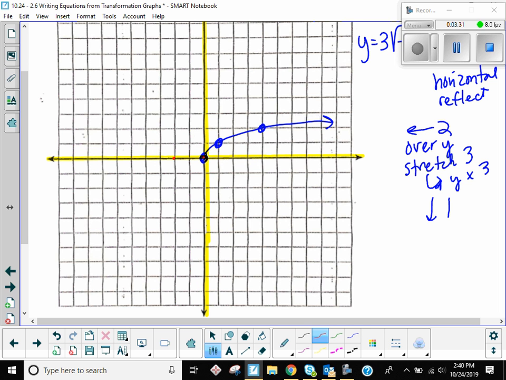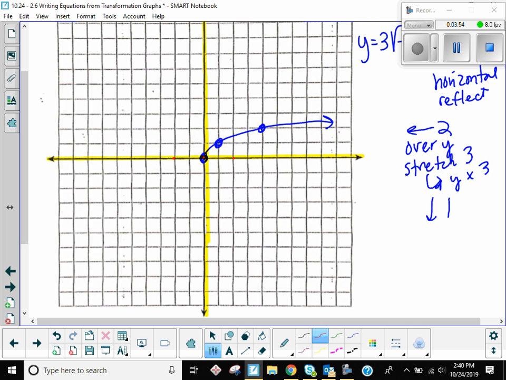Now reflecting over y means this is like a mirror, and when you reflect over it, it has to be symmetrical. So if I'm currently 2 to the left and I'm going to reflect this way, how many do I need to be over here? 2. So instead of 2 to the left, now I'm 2 to the right. So I'm right here. So that's the reflection.